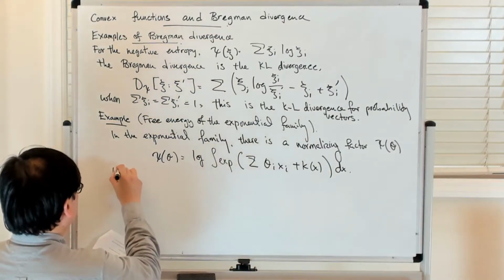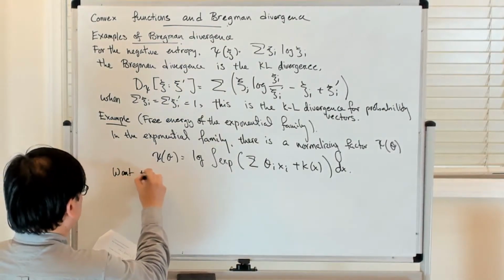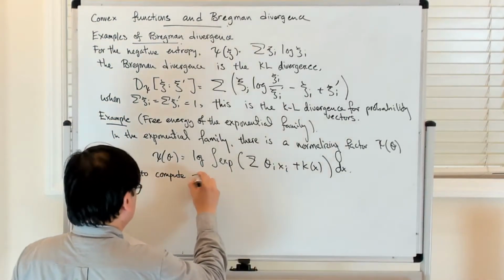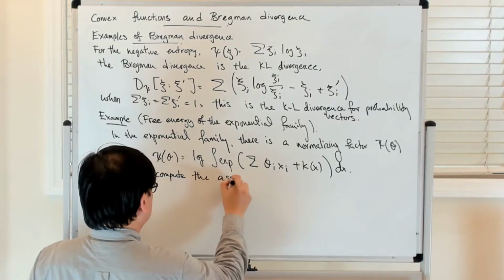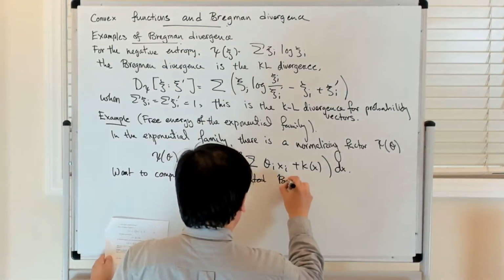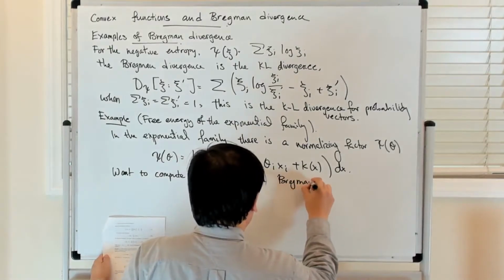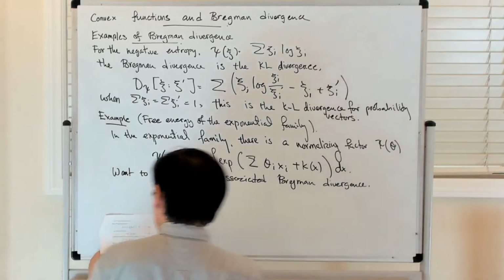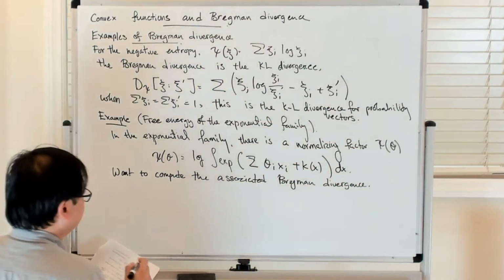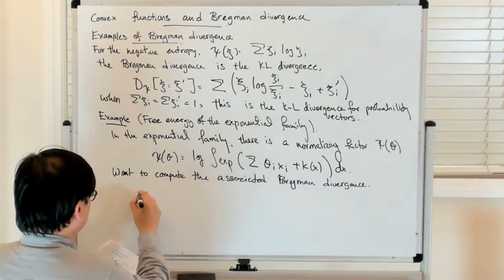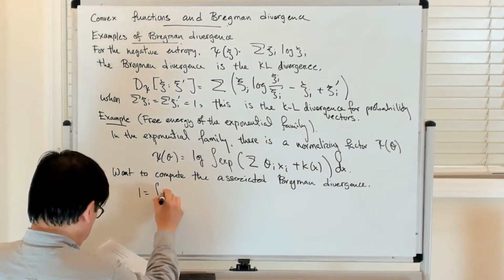So we want to compute the associated Bregman divergence. So what I'm going to do is use this condition which defines this factor, which is the normalization condition.